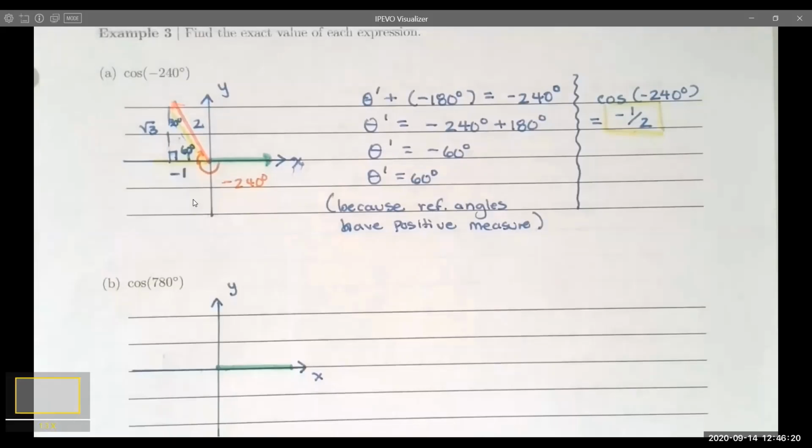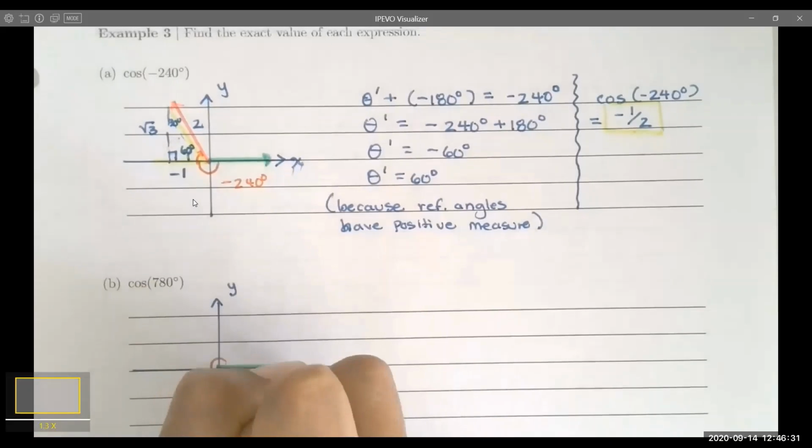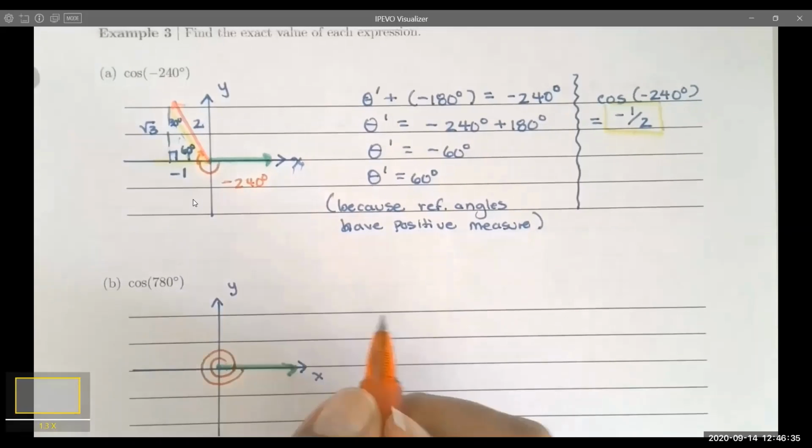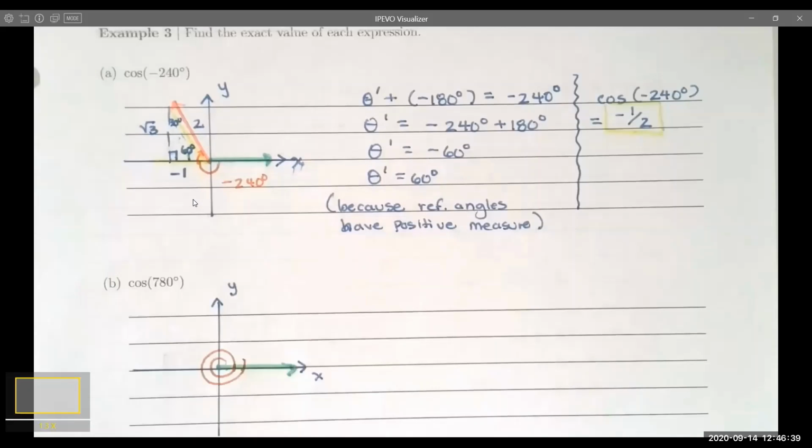Terminal side, well, we're going to have to complete 2 full cycles because 2 full cycles is 720, and that's smaller than 780. So this is 360. Complete a second one, that's 720. And then in order to make it to 780, we would need to complete 60 more.